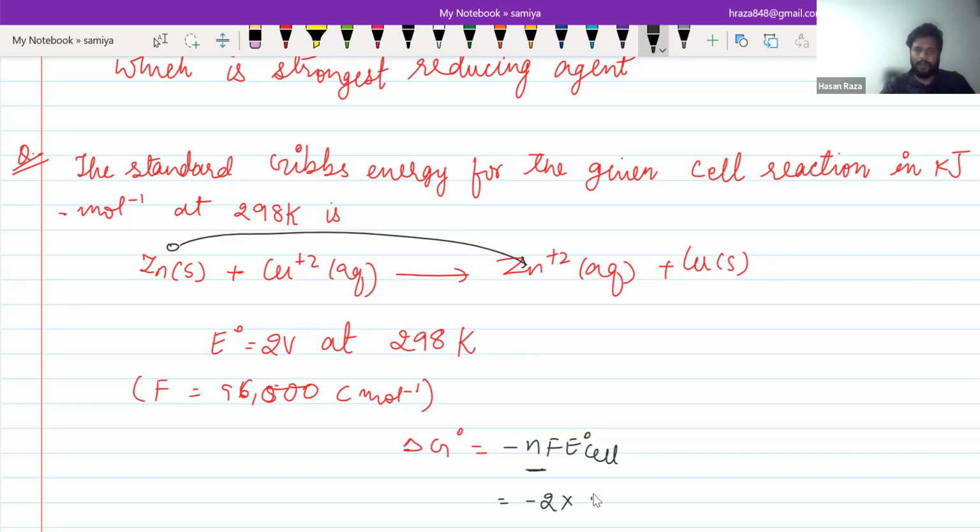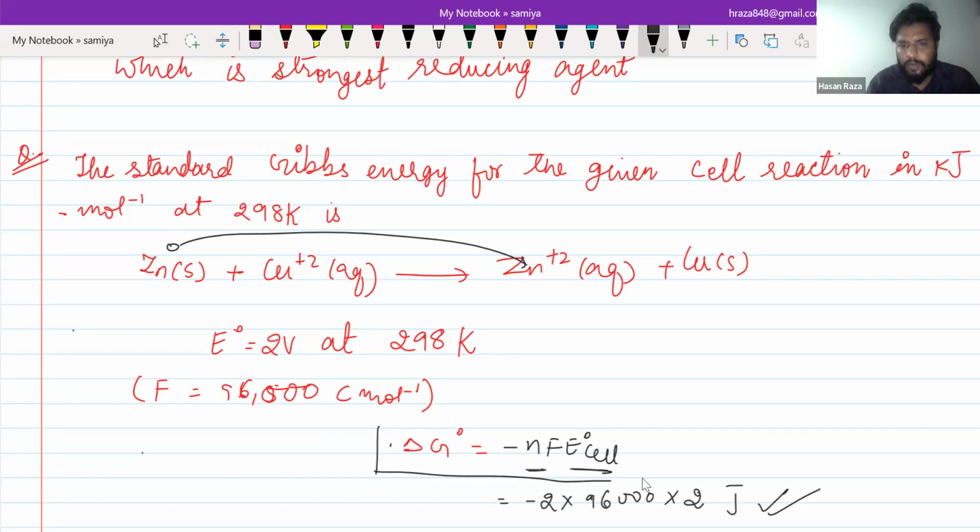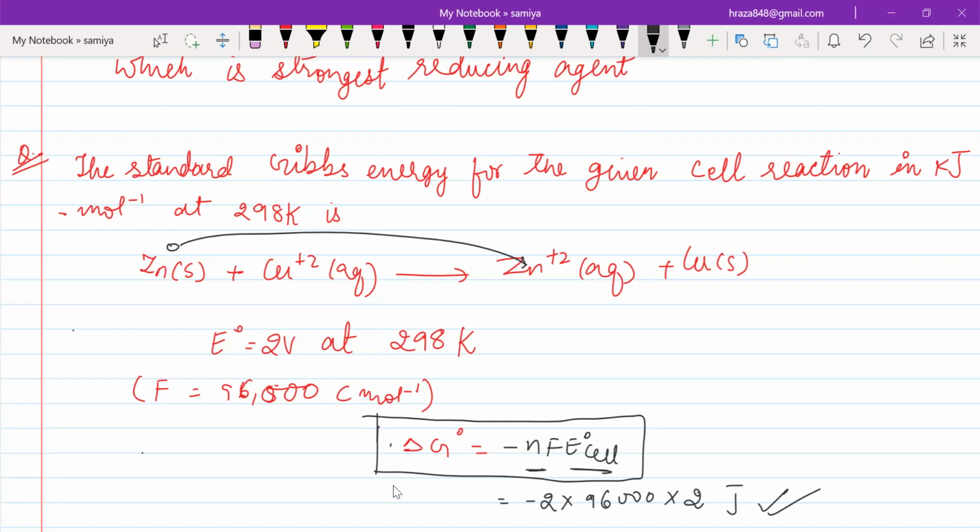So 2 into Faraday's value 96,000 into E naught cell, which has a value 2. So just solve it, you will get your answer in joule. This relation I have already taught you in the previous lectures. Did you calculate in this way? Yeah, sir. Okay, that's good.